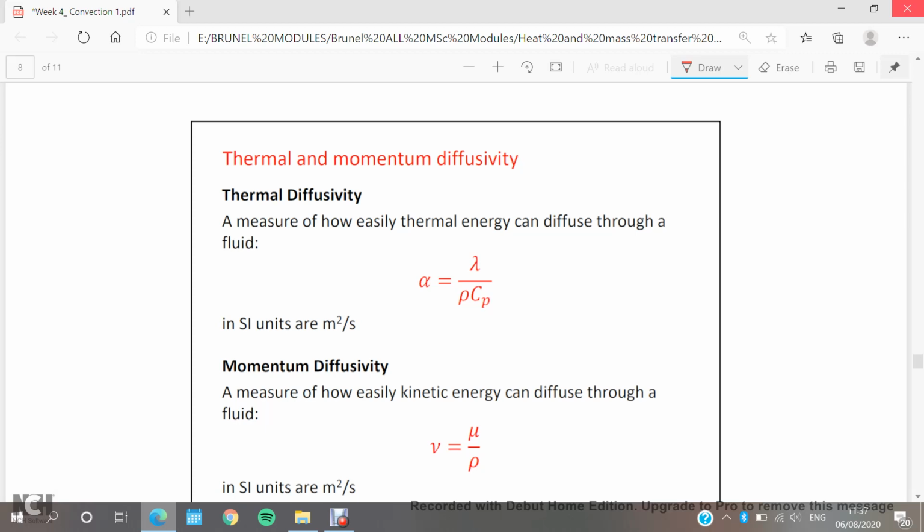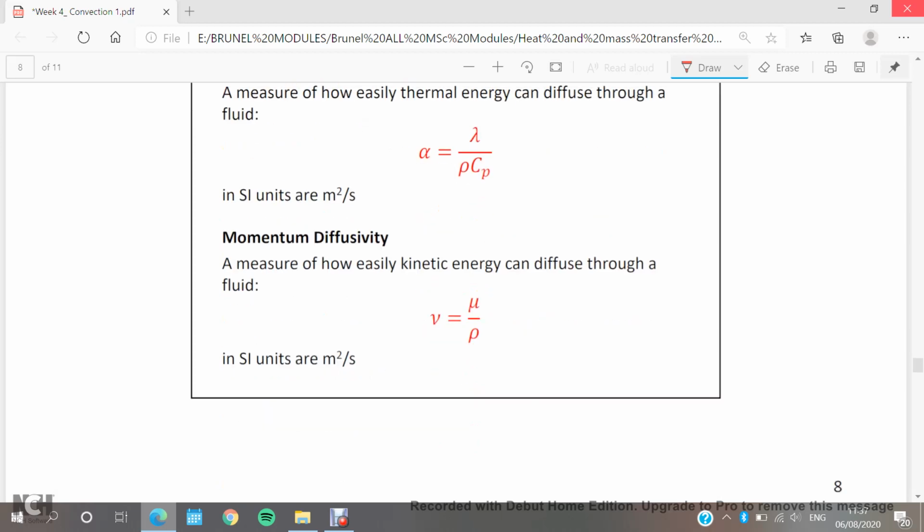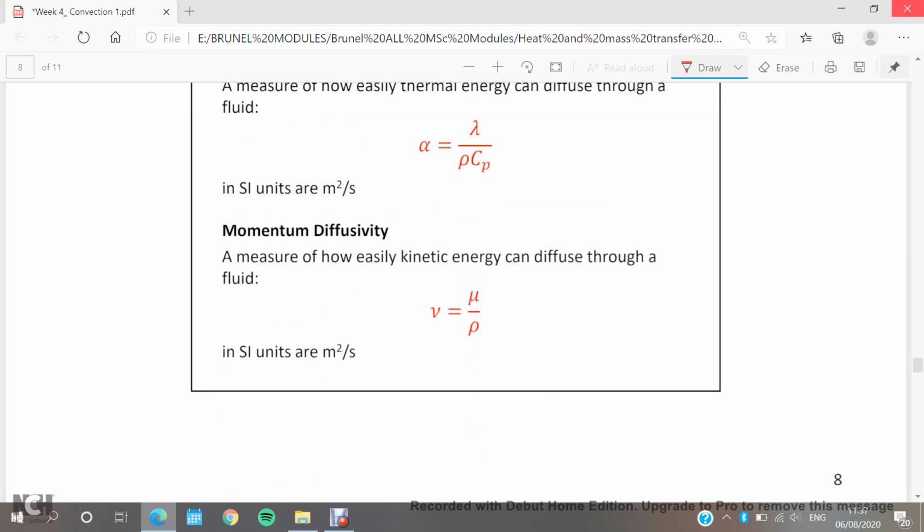There are two diffusivities, and they are different from each other: the thermal diffusivity and the momentum diffusivity. The word diffusivity means the ability of something to diffuse or to penetrate a material.